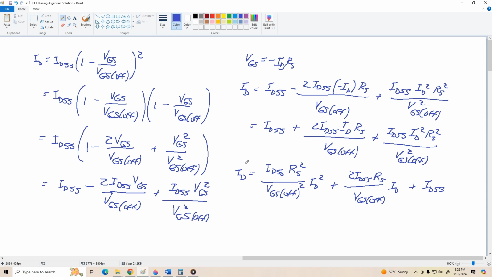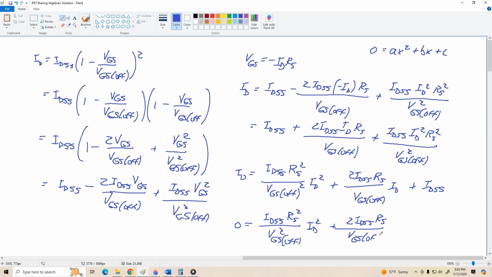All right, and now because we're going to be applying the quadratic formula, we want to have 0 on the left-hand side because we're looking for 0 equals ax squared plus bx plus c. So we're going to have to subtract I sub d from both sides, and that gives us 0 equals IDSS times RS squared over VGS off squared times ID squared plus 2 IDSS times RS divided by VGS off times I sub d.